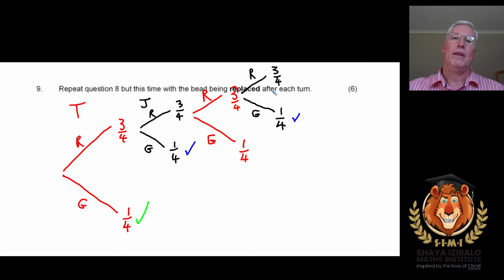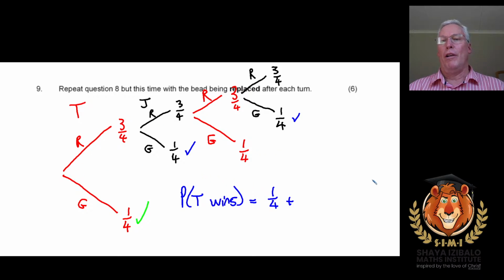Okay. Now, what we can see is that if we just look at Tandy's chances of winning, the probability that Tandy wins, Tandy could win here on the very first turn, or down this branch over here.